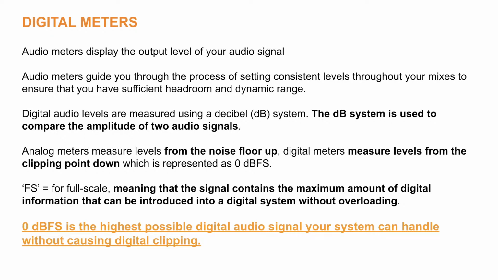Analog meters look at the whole thing from the bottom up, and digital meters look at everything from the top down. That's why we have a minus there. FS is for full scale, meaning that the signal contains the maximum amount of digital information that can be introduced into the digital system without overloading. So 0 dBFS is the highest possible digital audio your system can handle without causing clipping.